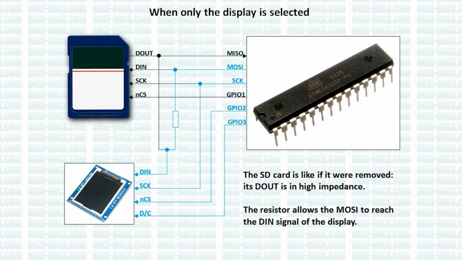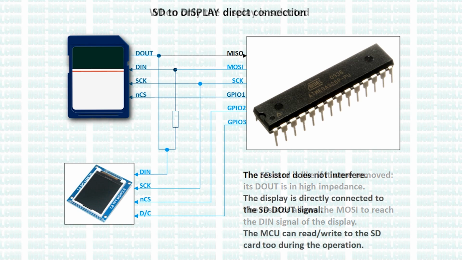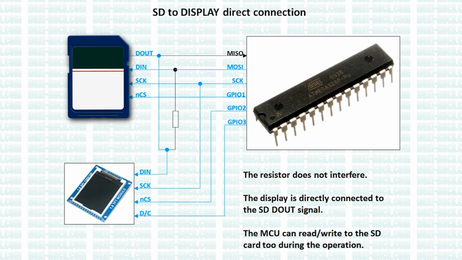When only the display is selected, the SD card releases the bus. Therefore, its data out signal will be in high impedance. In other words, it will act as if it were disconnected. Data from the CPU will pass through the resistor to the display DIN line. If we select both the display and the SD card, magic occurs.